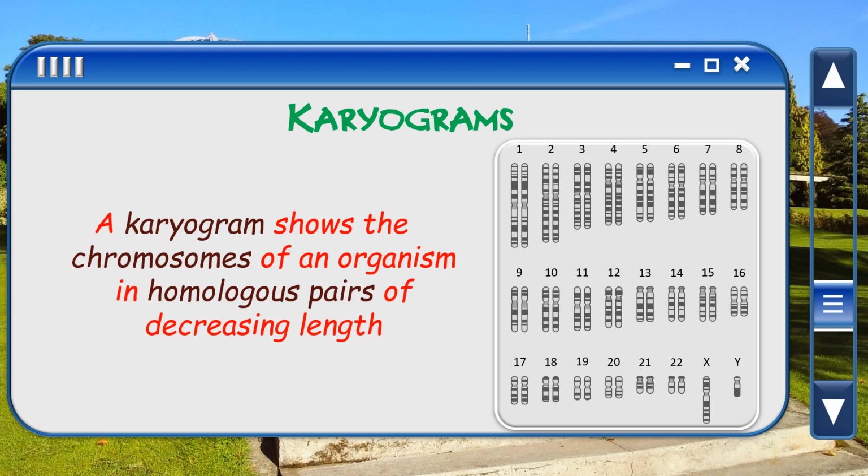A karyogram shows the chromosomes of an organism in homologous pairs of decreasing length.